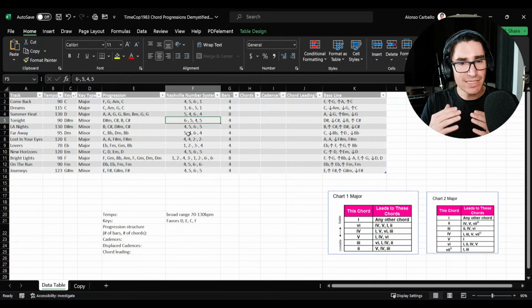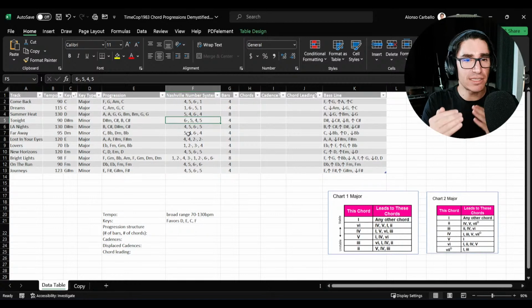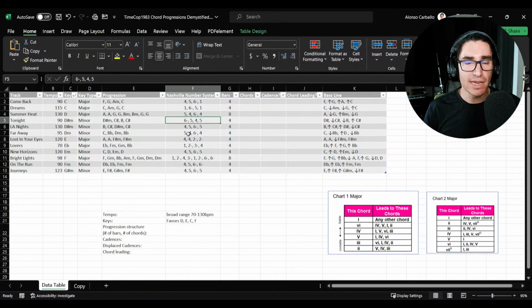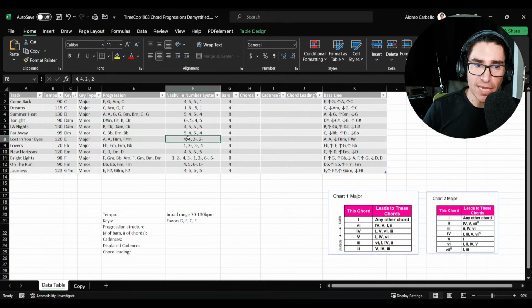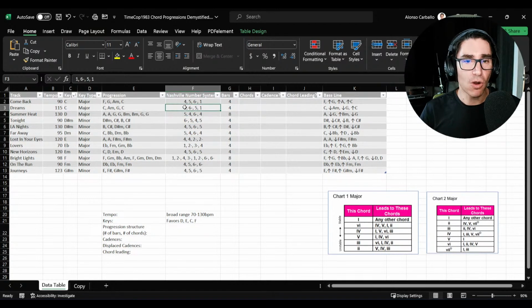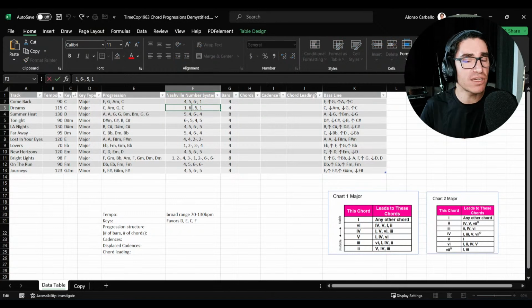So it's harder to do an analysis like this when you have to translate between major and minor keys. Again, the way to simplify this is that no matter if it's a major or minor key, we're only going to start counting from the tonic major, and you'll see that this makes things easier. For example, the 6 minus chord is always going to be the relative minor chord in the major key, and it's going to be the first chord in the minor key, but we're not going to call it 1. We're just going to keep calling it 6 minus.